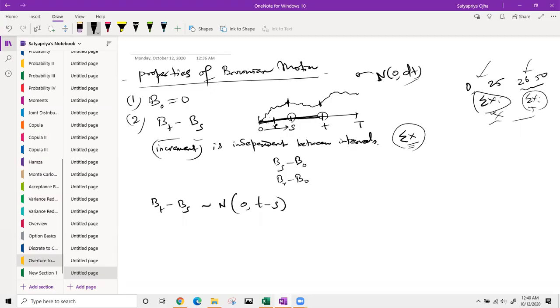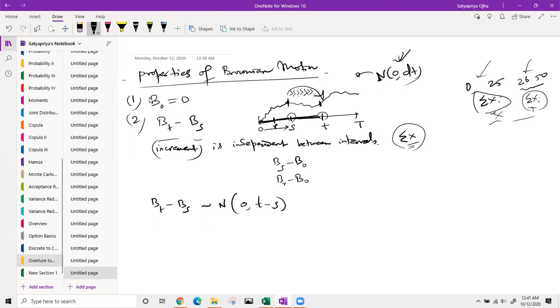So from here to here, you will be adding random numbers drawn from these small normal distributions. All are independent, identical. Correct? All are having the same distribution, and they are independent.